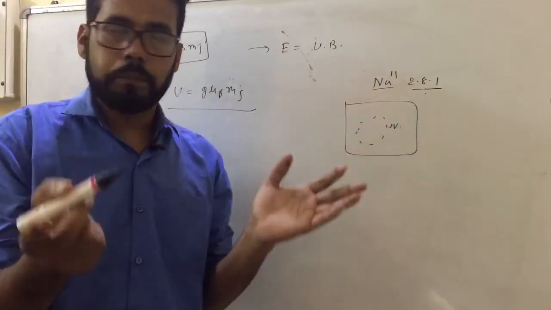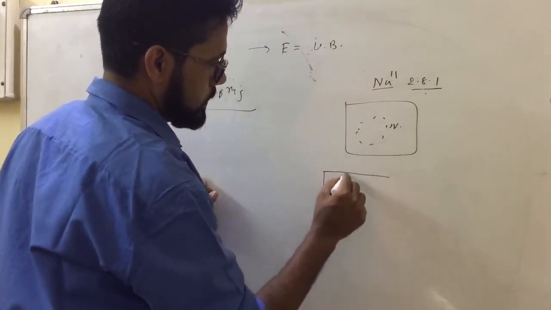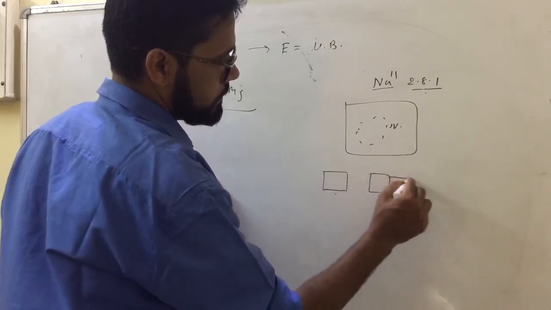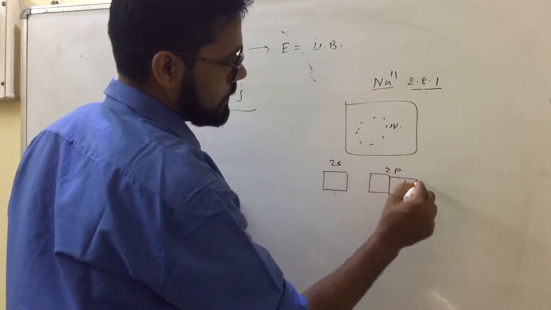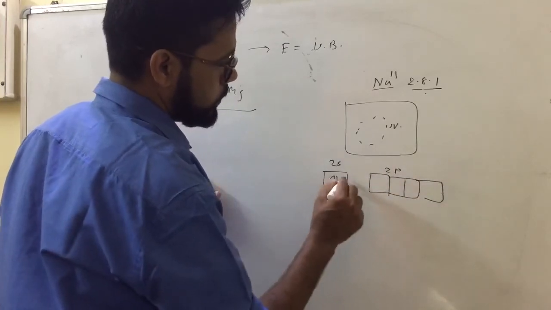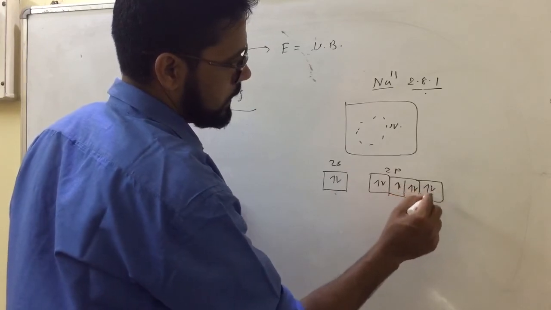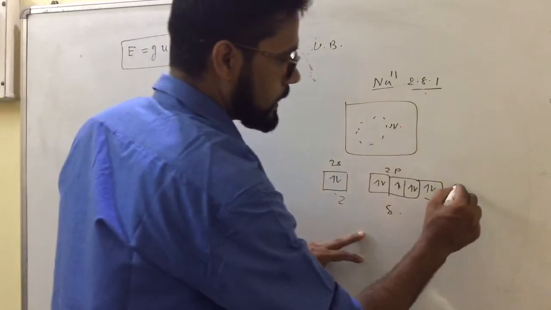All electrons are paired according to the above principle: 2 electrons, 8 electrons in 2s and 2p, and the last 1 electron.